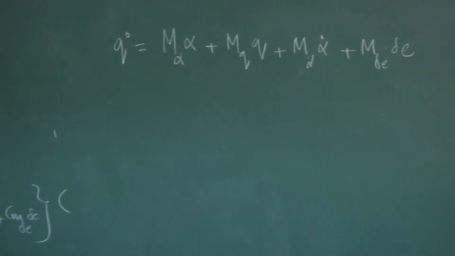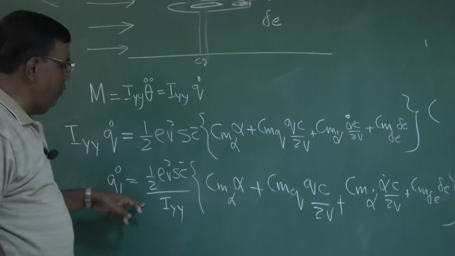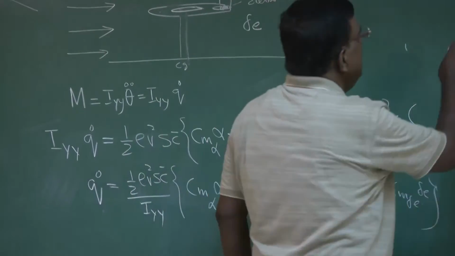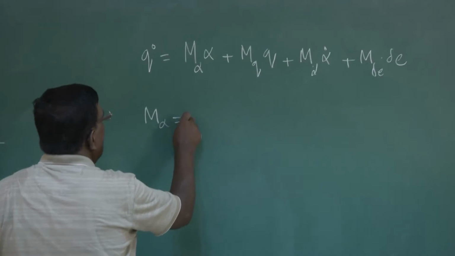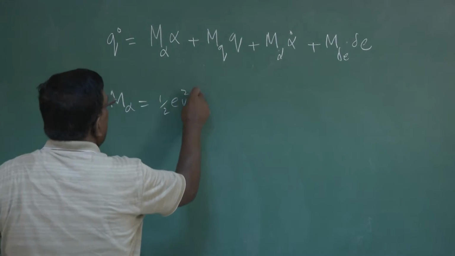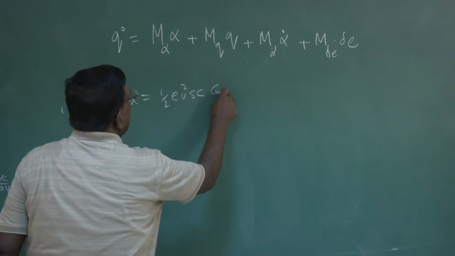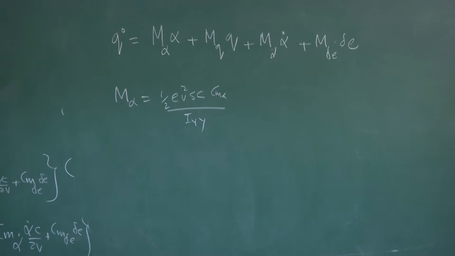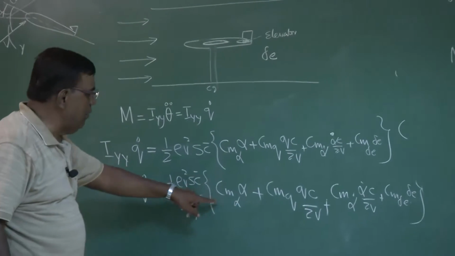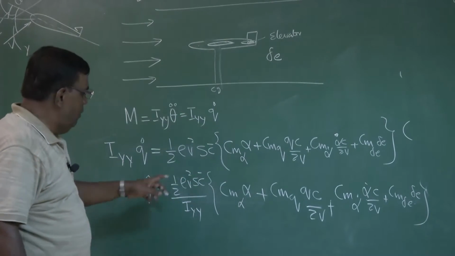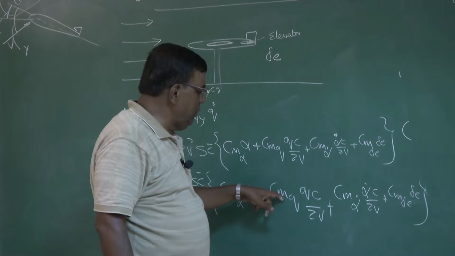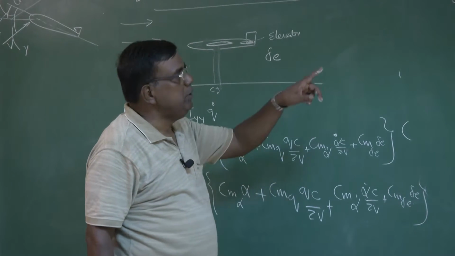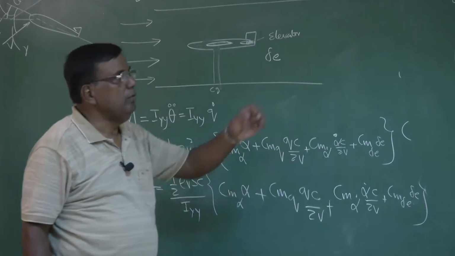From here, I can write in this form, then what will be M alpha? You could easily see M alpha would be half rho v square S c bar Cm alpha by Iyy. It's a very simple manipulation. Whole of this into Cm alpha is M alpha. Whole of this into Cmq into c by 2v will be Mq. Like that, you can always find out.